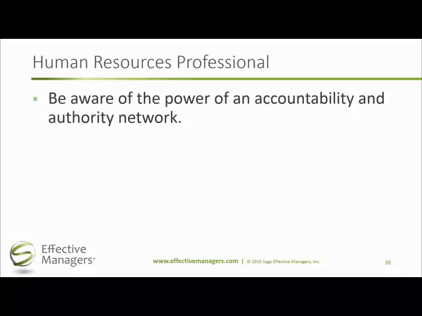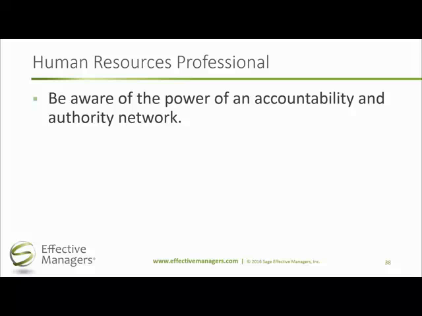So part of your job then is to be aware of the power of an accountability and authority network or framework. I think it should be framework here, not network. But either word would work. So how could we do better with a framework, and how can we encourage the organization to implement something along those lines?